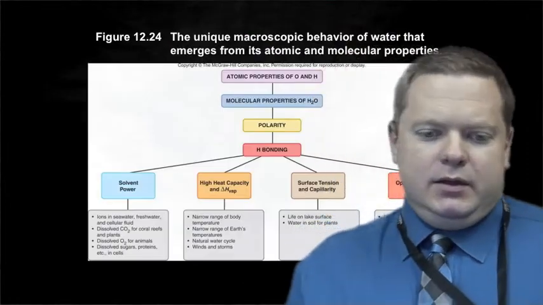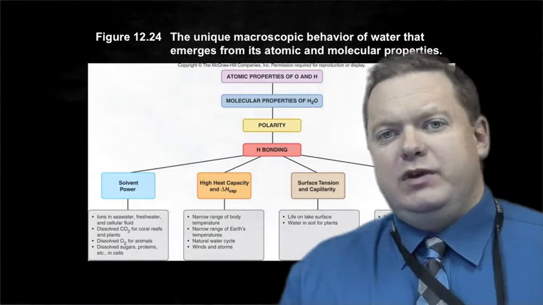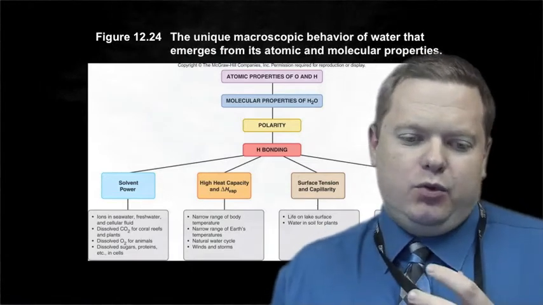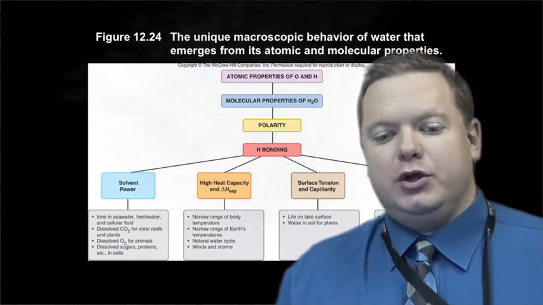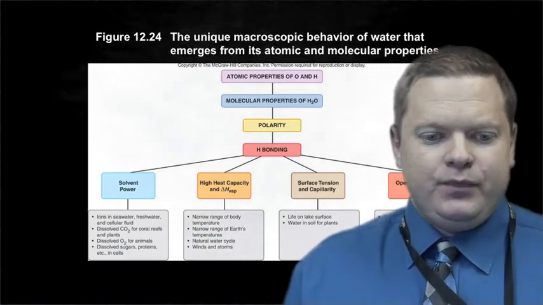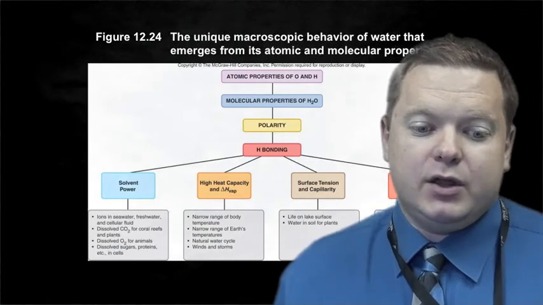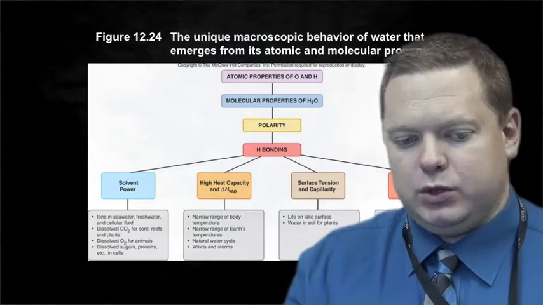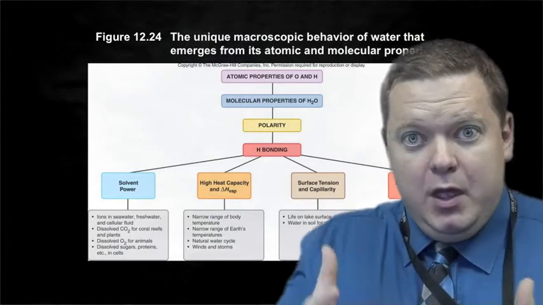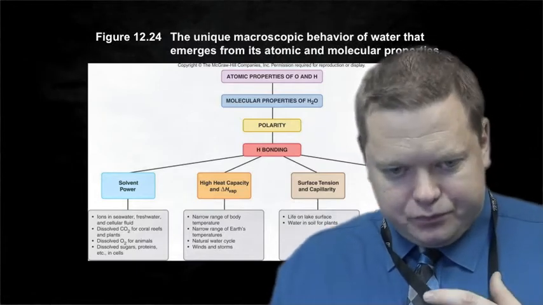So let's take a minute and talk about water. We've alluded to it in some of the other lectures, the special properties of water because of the presence of this hydrogen bonding. Because it is polar and has this hydrogen bonding, it makes a very good solvent. It's able to dissolve a lot of polar molecules and a lot of other things by being able to break these ionic bonds, if you will.